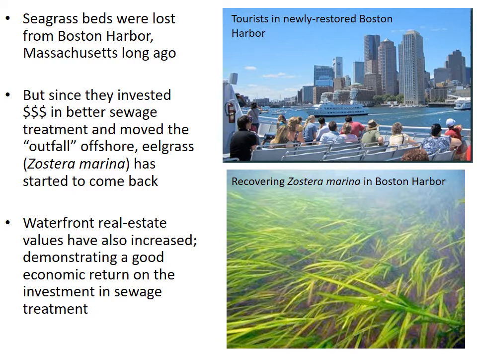The city invested, I think, over $1 billion in an improved sewage treatment system that used more stages of sewage treatment to remove more of the organic matter and nutrients from the effluent before releasing it. And they also moved the outfall, which is the pipe that the treated sewage comes out of, further offshore so that it wouldn't be collecting in the harbor and it would be dispersed further out on the continental shelf.